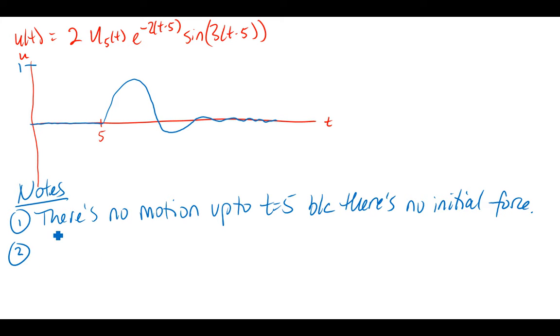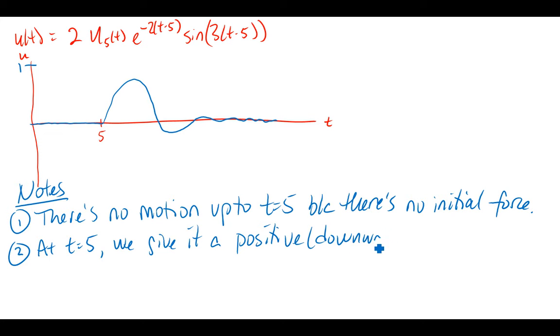So now, of course, at time 5, we give it a positive, which is actually a downward flick, I guess I'll say, which sets it into motion. So setting it into motion, which we see.